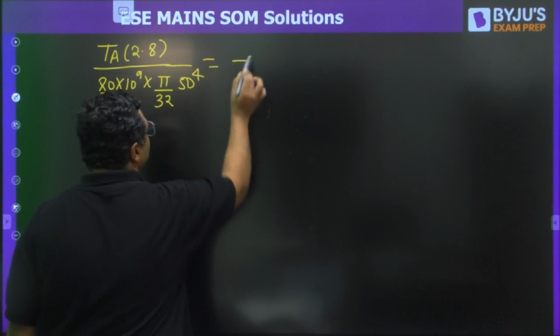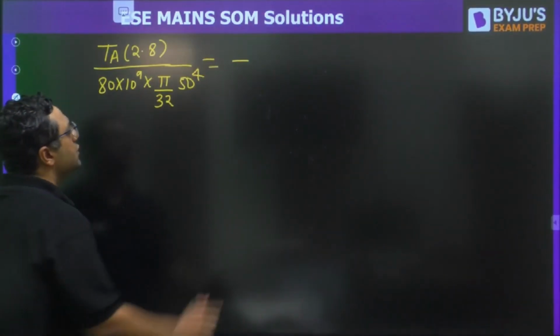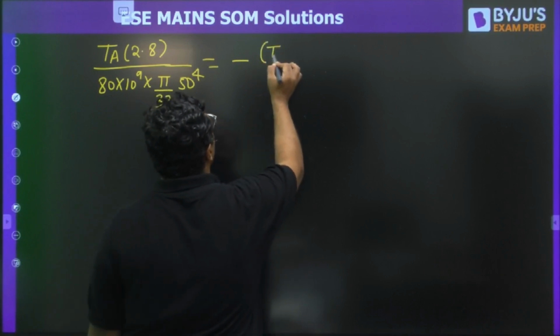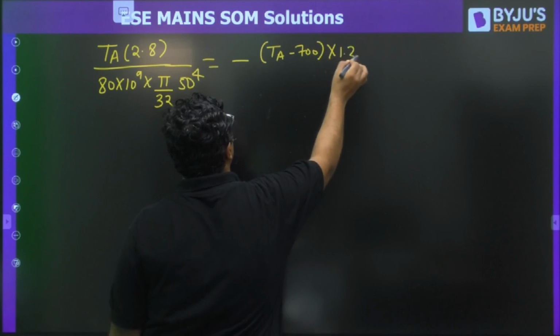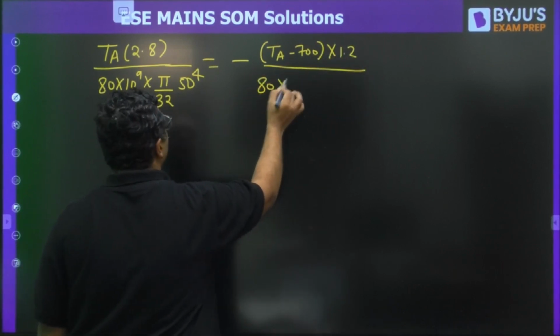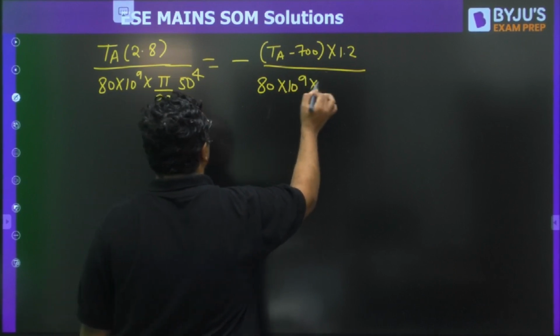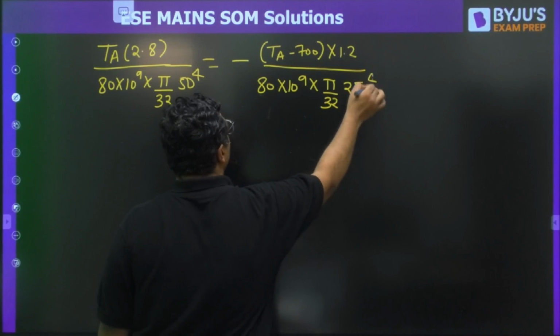That is equal to minus, because when this term goes to the other side, it will become negative. So it is T2, that is TA minus 700, into 1.2 divided by, this is 80 into 10 to the power 9 into pi by 32, 25 to the power 4.